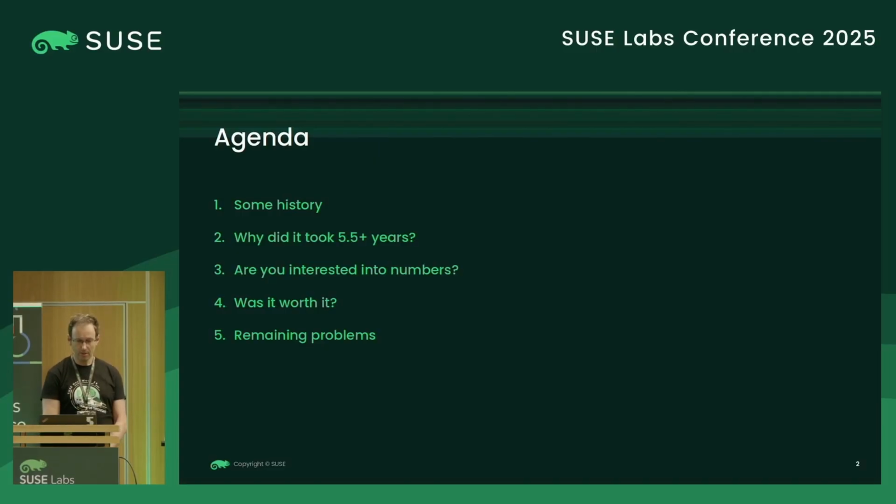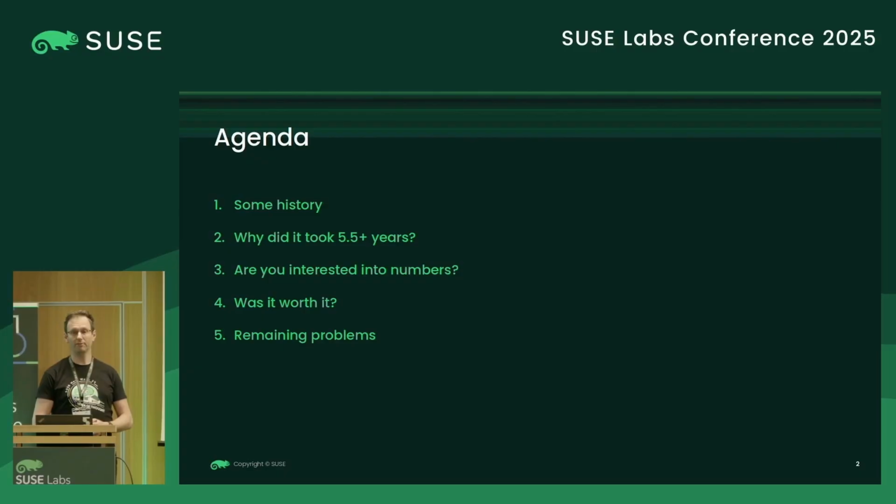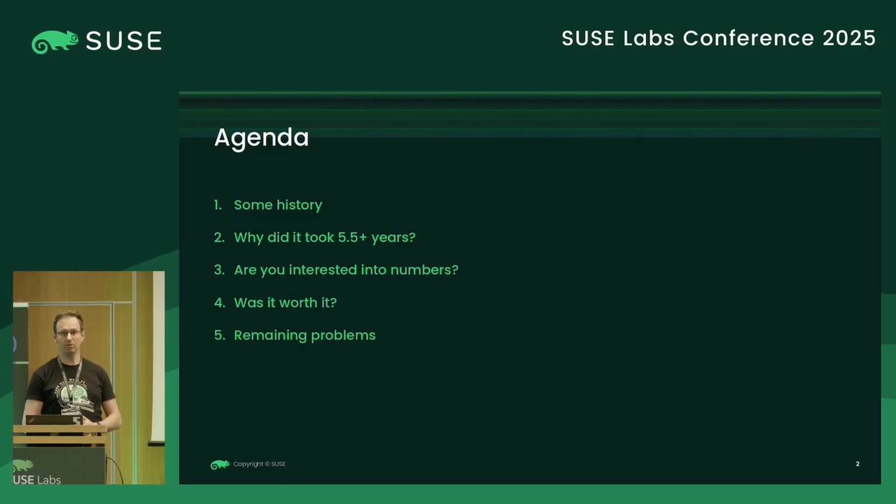So, I will start by talking about some history of printk and describe what the actual problems were that we needed to solve. Then I will try to describe the hardest problems that we were working on during all these 5.5 years when RT people tried to upstream their solution.